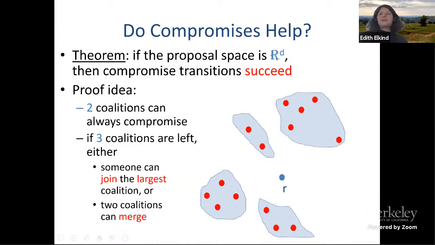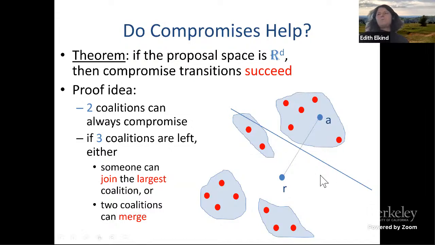Okay, so why is that the case? Well, let's look at my maximum size coalition. In this picture, my maximum size coalition is this coalition of 5 voters who form a coalition on some proposal A. So just geometrically, let me draw a line between A and R, and let me draw another line that is perpendicular to this AR line and goes through its middle.